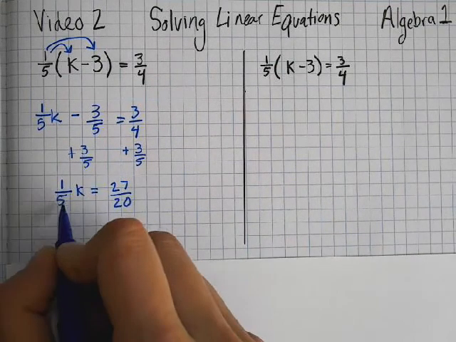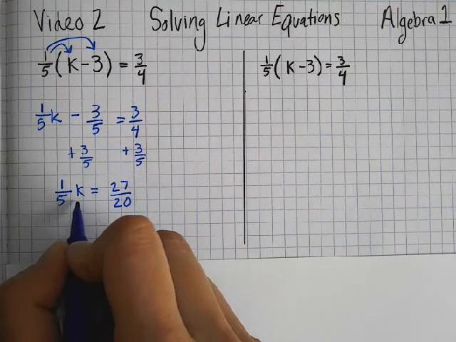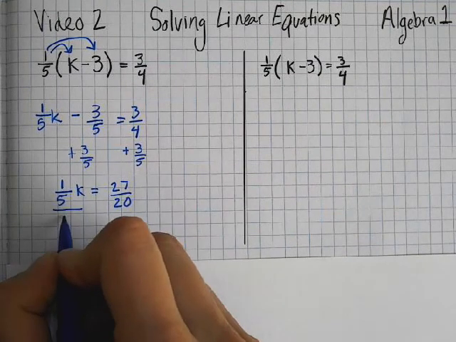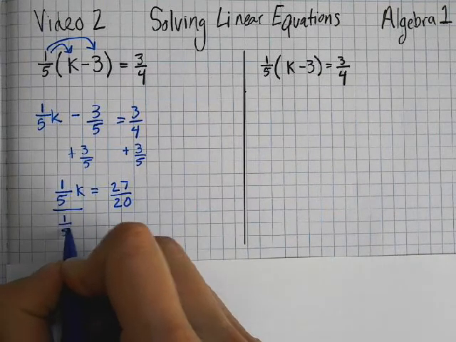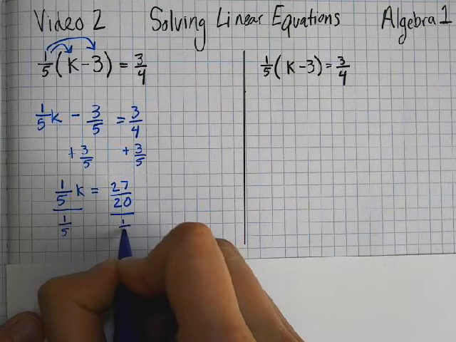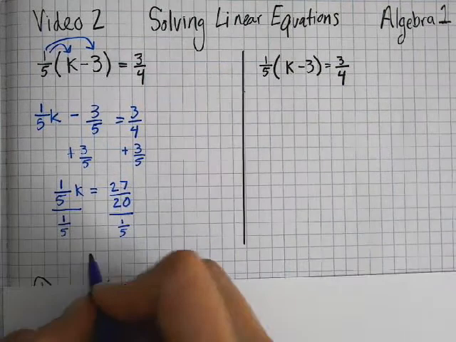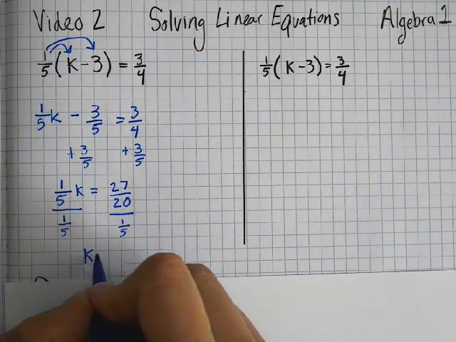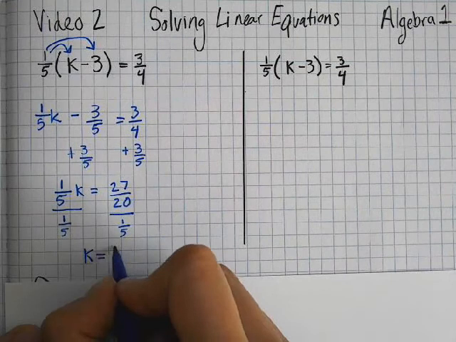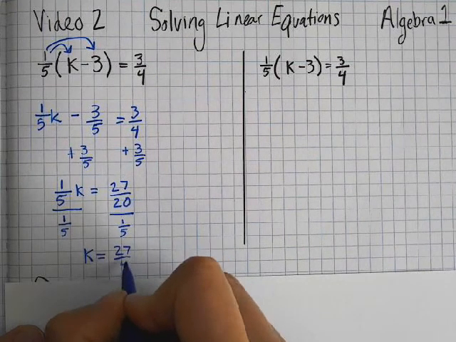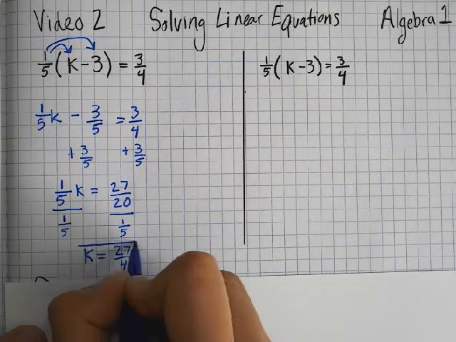Now, we've got a 1/5 being multiplied by a k, so we're going to divide by 1/5. And we get that k equals 27/4. What a fraction.